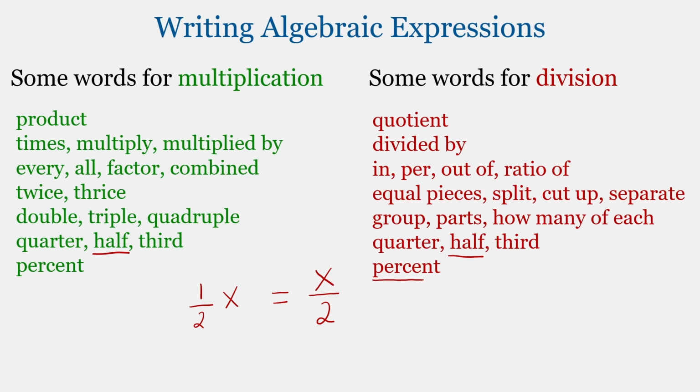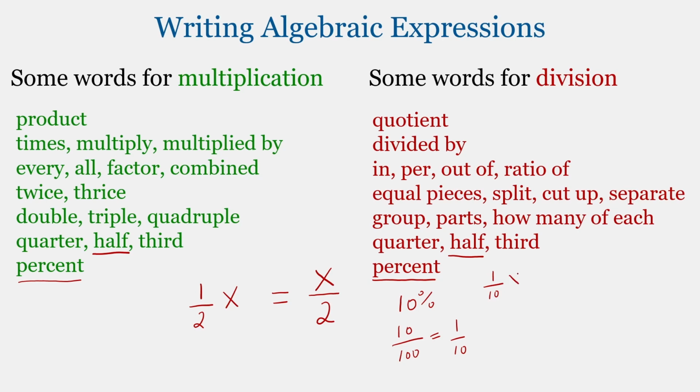Same concept when we're talking about percent. If we have 10%, again, 10% is 10 per 100. So we can simplify that down to 1/10. So 10% is multiplying by 1/10.